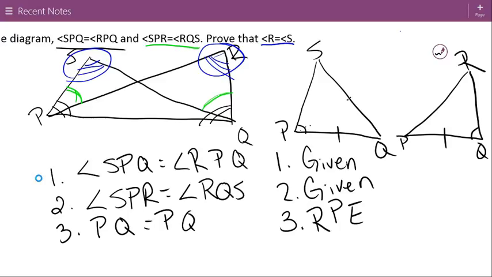We could go about this as an angle-side-angle proof. We could look for another angle, or we can go about this as a side-angle-side proof. Either one of those is fine. I guess it doesn't really matter too much.